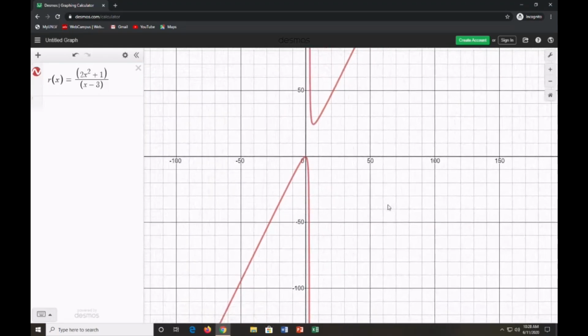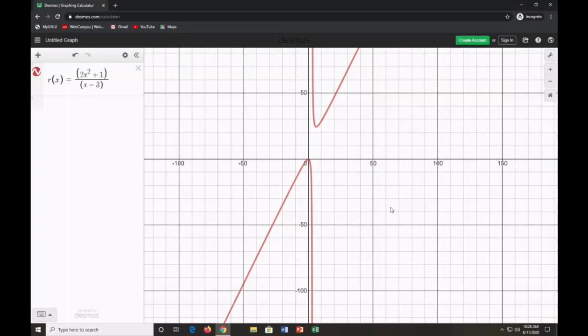You can see the two pieces, right? Clearly you can see that there is a slant asymptote right there going in between those two pieces in a slanted fashion.